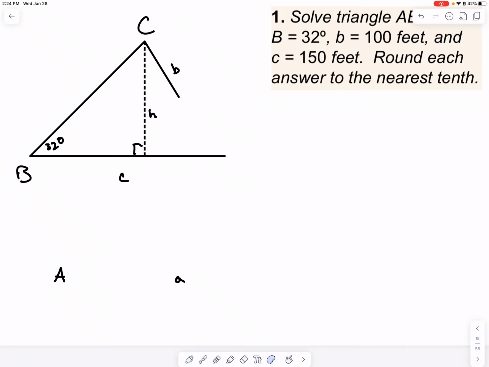We're given side B is 100 feet, and side C is 150. If this is C over here, we've got 150 feet.